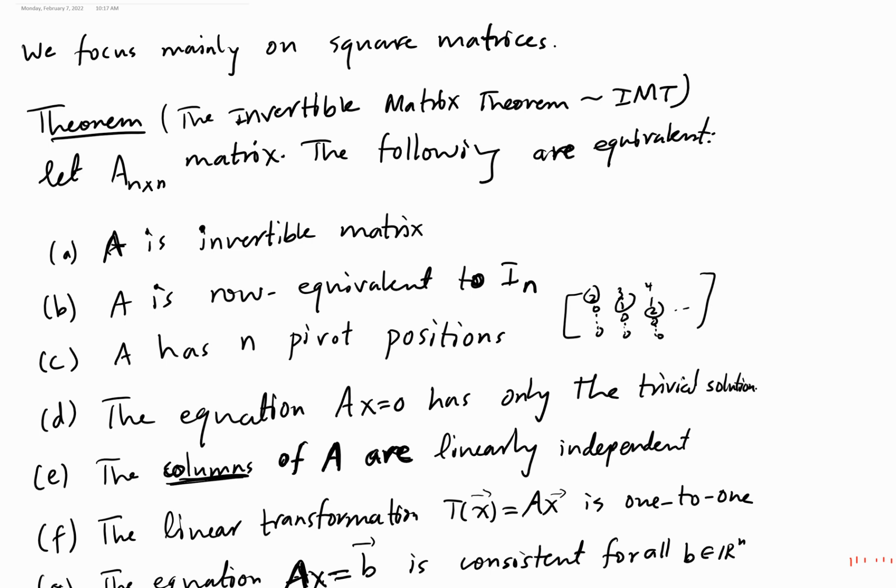The next one, A has n pivot positions. N pivots because it's n by n. So in each column there is a pivot. Next one, the equation Ax equals 0 has only the trivial solution. What does that mean? I want you to comment on this, please.